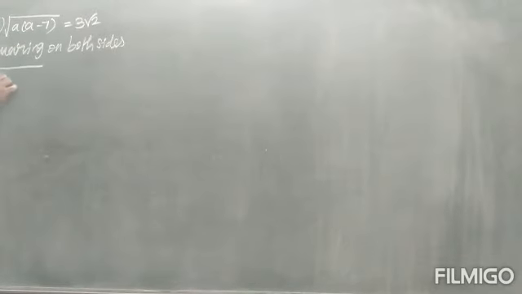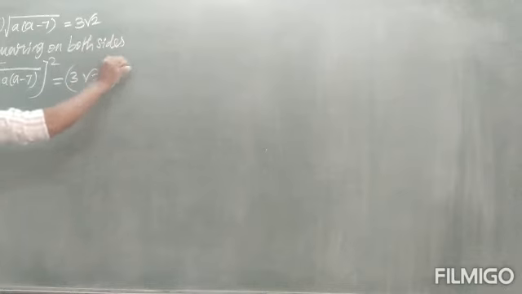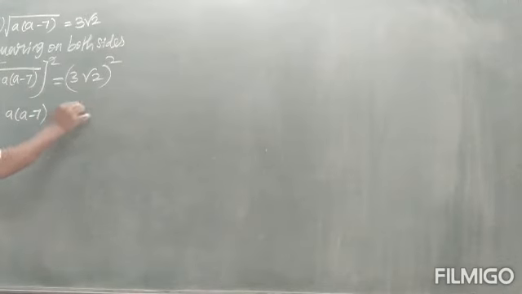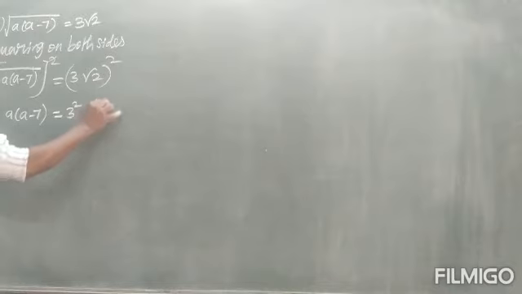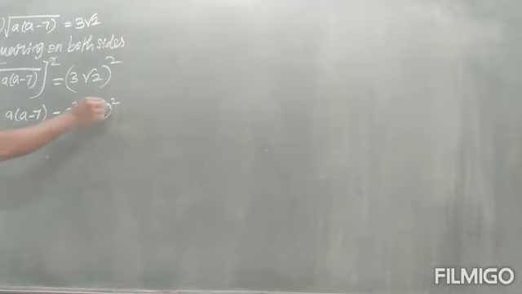Square root of a minus 7, the whole square, equal to 3 root 2, the whole square. The square and the square will be cancelled. So what will be remaining? a into a minus 7 will be remaining, is equal to, on this side, separately 3 square and root 2 the whole square; the square and square will be cancelled.